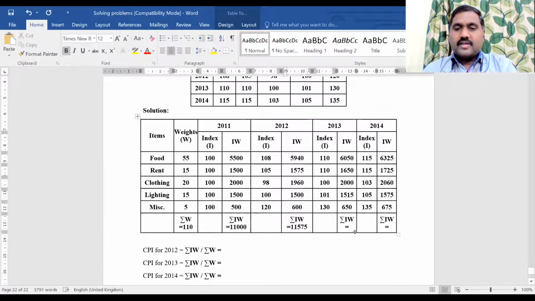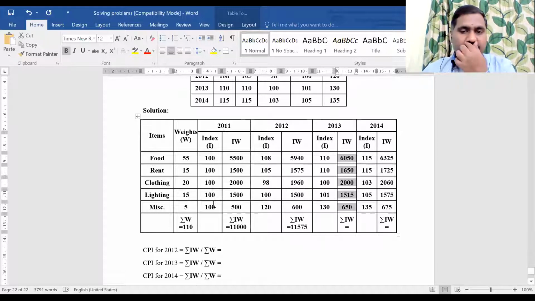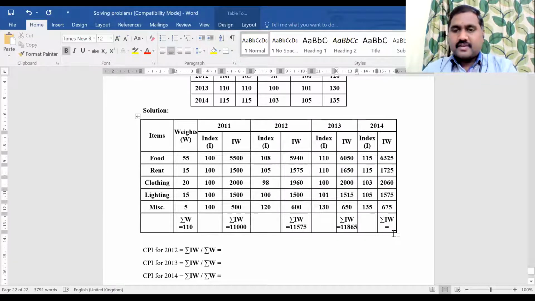Okay, and the total value for 2013: 6,050, 1,650, 2,000, 1,550, 650, 11,865. And for 2014, what is the total value?